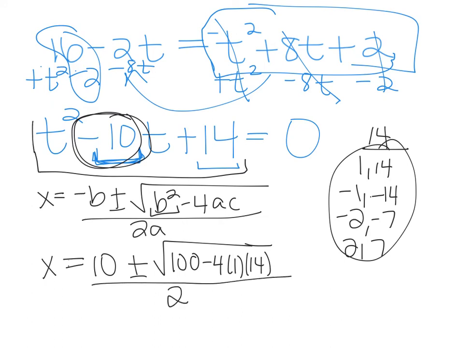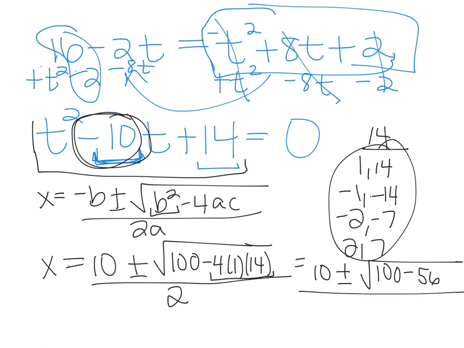The a value, or the lead coefficient, is 1. So I get 10 plus or minus the square root of 100 minus 60, all divided by 2, which is 10 plus or minus the square root of 40, all divided by 2.